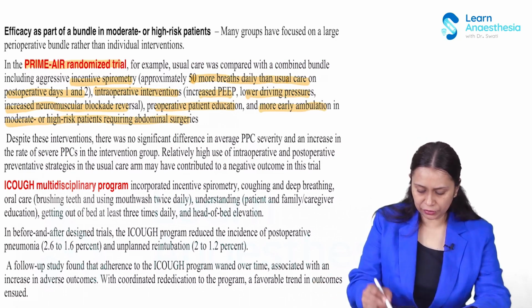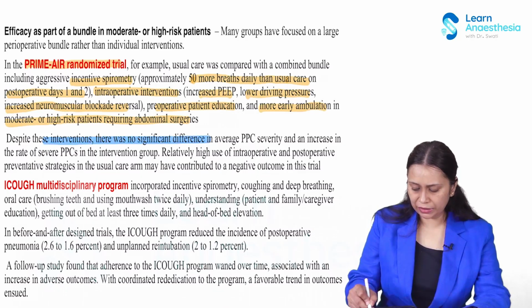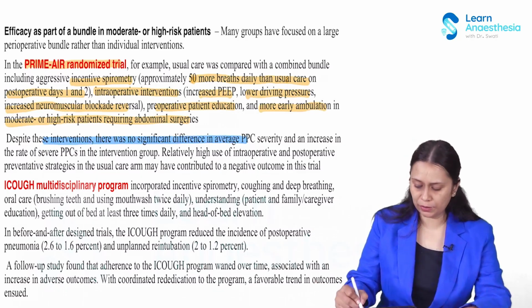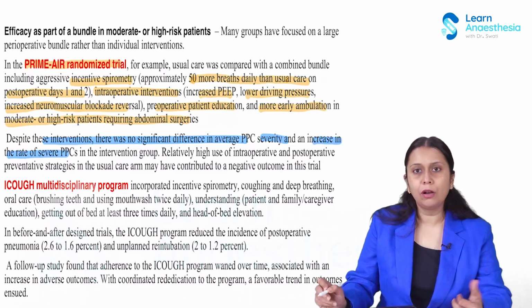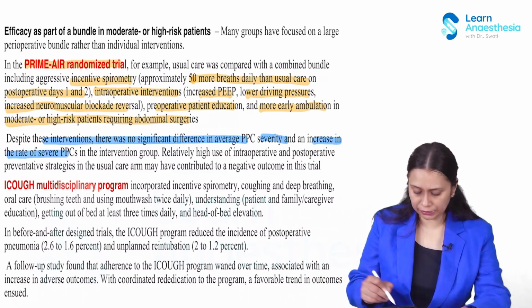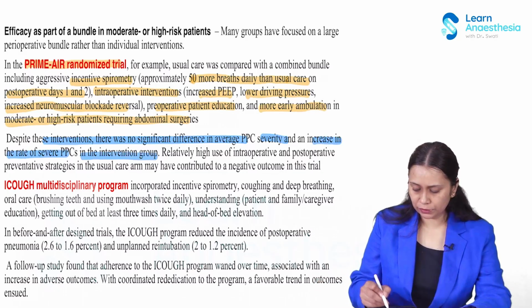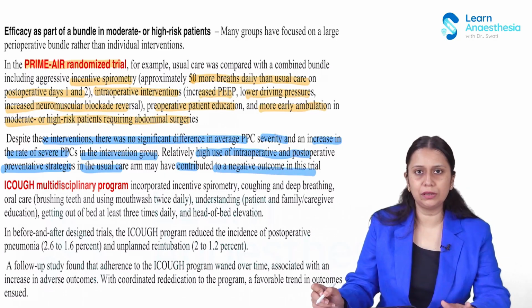Despite these interventions, there was no significant difference in average post-op pulmonary complication severity, and an increase in the rate of severe post-op pulmonary complication was seen in the intervention group, right? So, high use of intra and post-operative preventive strategies in the usual care may have contributed to the negative outcome in this trial, right?